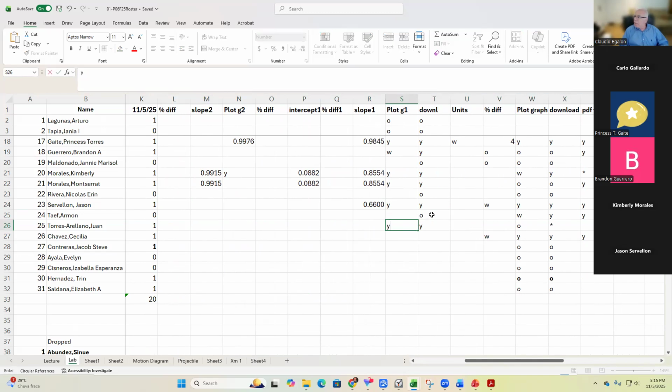The slope of the first one is 0.9893. What is the intercept? This percentage difference is a little bit more than 1%, right? What's the intercept value that you are getting?